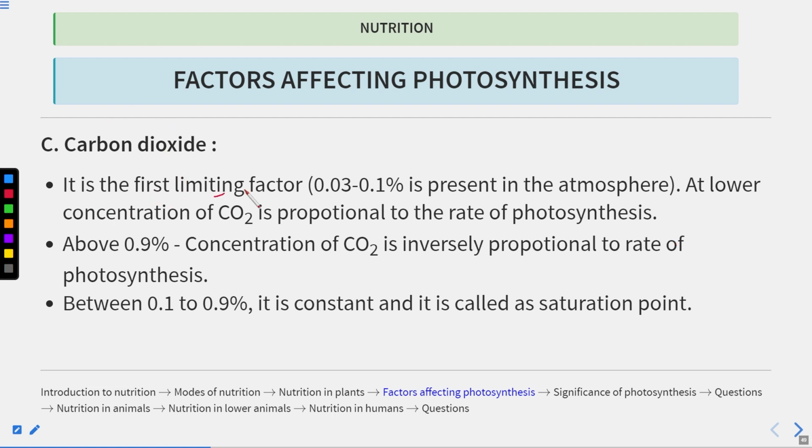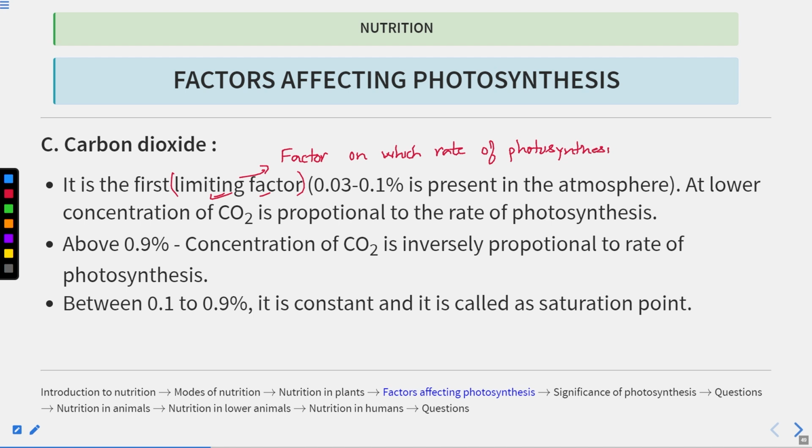It is the first limiting factor. Carbon dioxide is very important for photosynthesis, and it also acts as a limiting factor. What is a limiting factor? The factor on which the rate of photosynthesis depends.